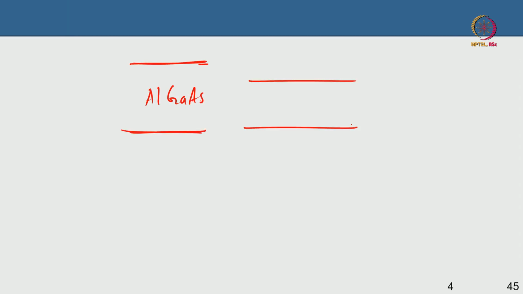And how do people physically do it? People physically do it by bringing together a wider band gap aluminum gallium arsenide layer with a gallium arsenide layer, which has a slightly narrower band gap than aluminum gallium arsenide, correct. This is around 20% aluminum, maybe 80% gallium for instance. And what they do is that this entire aluminum gallium arsenide layer could be doped, and when I say doped, that means n-type doped, so that positive ionized donors are there.